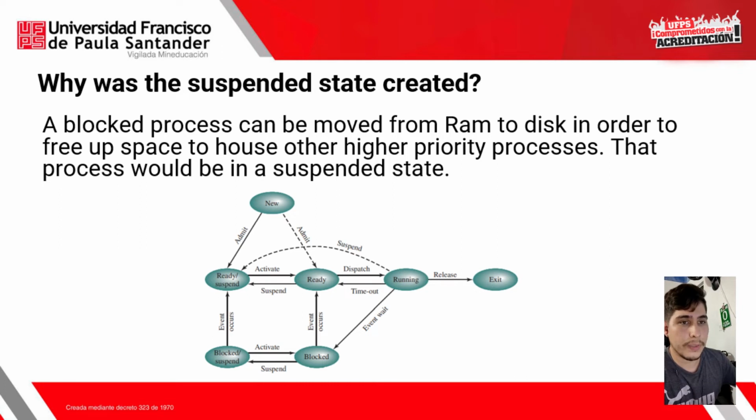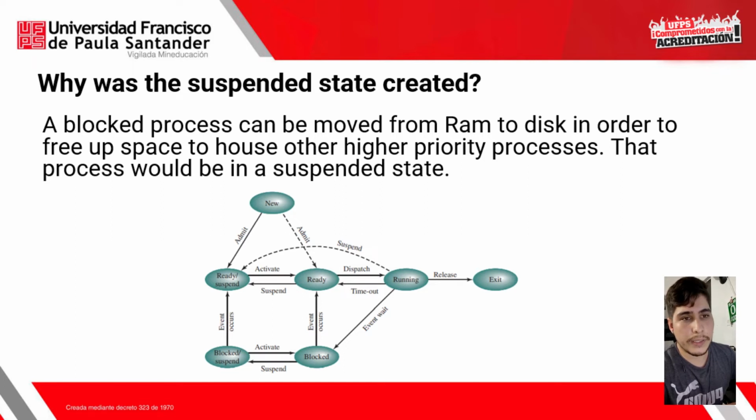Why was the suspended state created? First, we must remember that the I/O activities are slower than the processing speed. So, in a uniprogram system, the processor is usually idle most of the time. Also, the 5-state system allows moving from one process to another when a process is blocked.